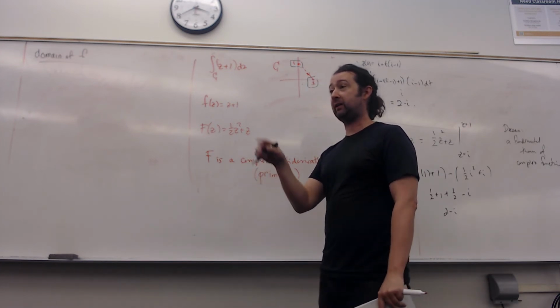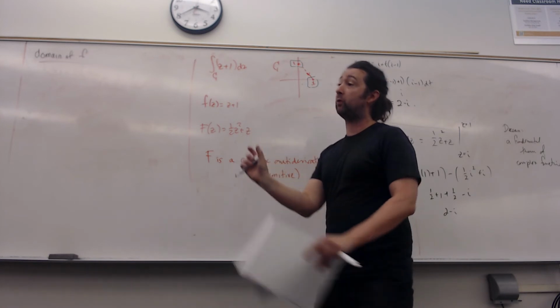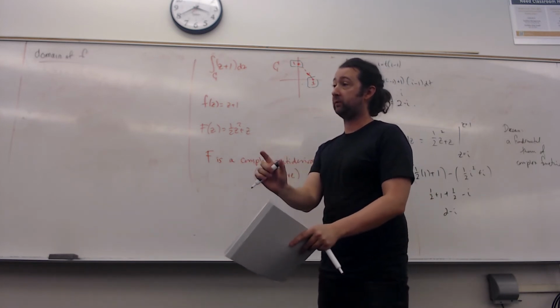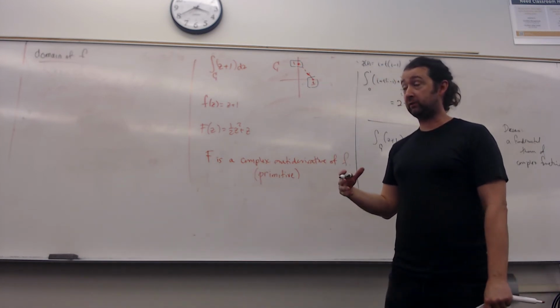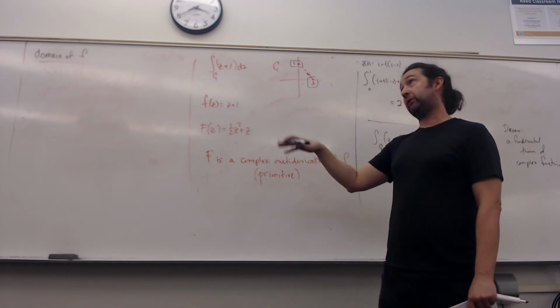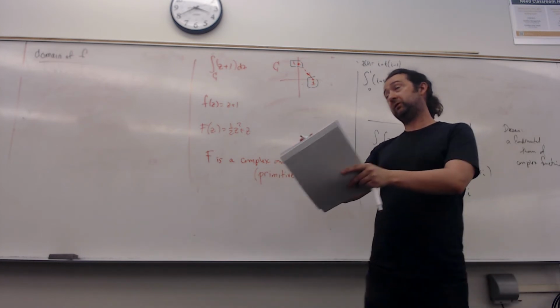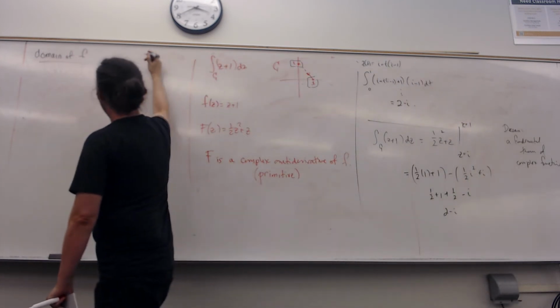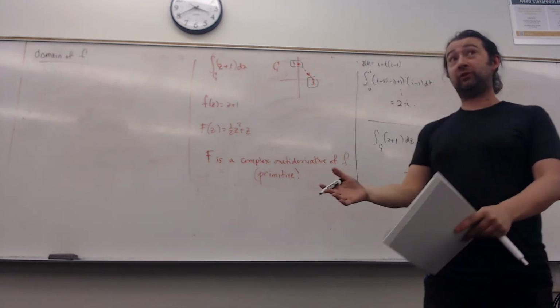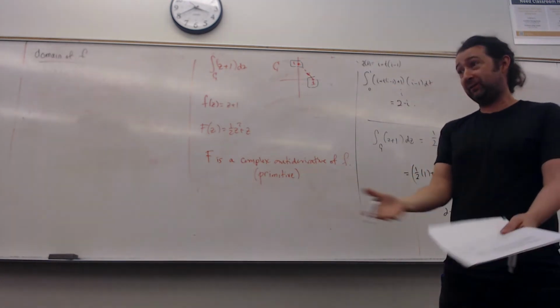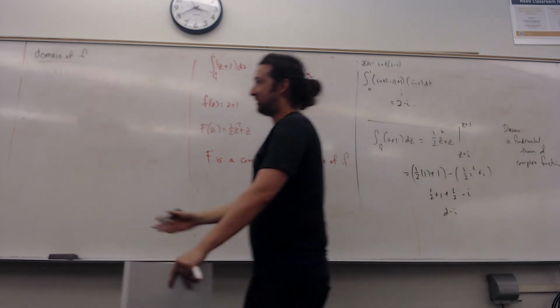So what I'm doing is highlighting the features that [a, b] has that we want to carry over into the complex numbers. I want it to be bounded. Really, we're going to be working with open domains, but the same idea holds. What you should think of is intervals turn into rectangles, basically, in the complex numbers, and also into circles, and it's the same move. But yes, it's repetitive.